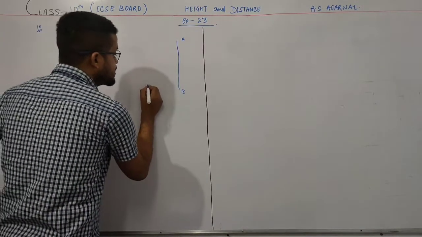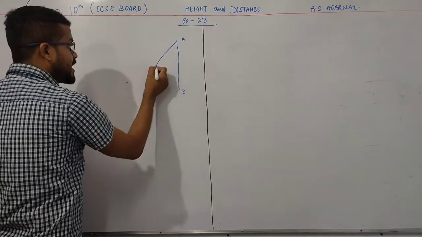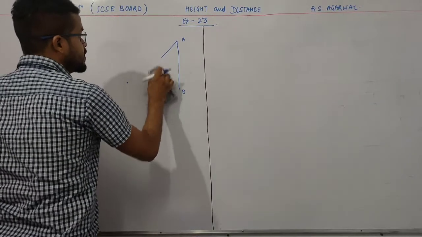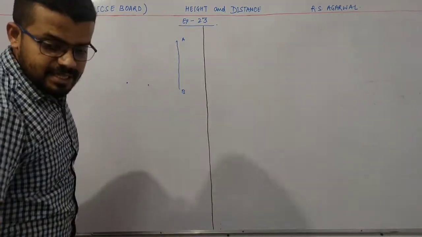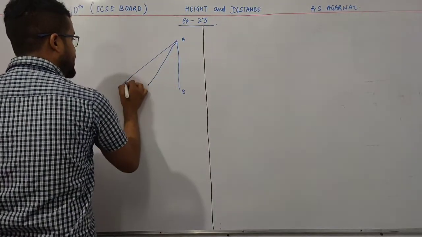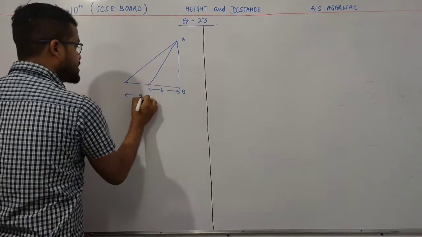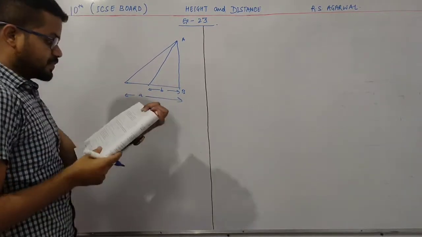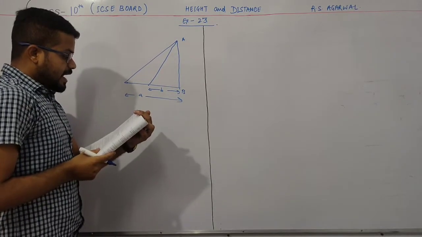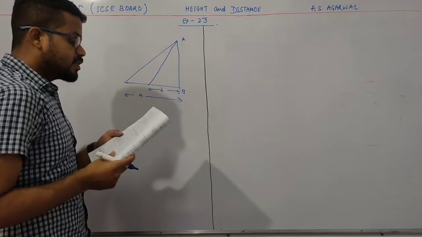Here this is the first point and this is the second point, and the angle of elevation from these 2 points is given from here and here. The distance of this is B and this is A, which is given in your question. A and B meter from the base of the tower, and in the same straight line with it, are complementary.